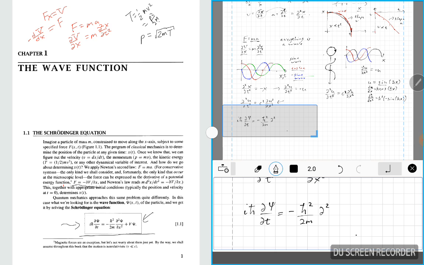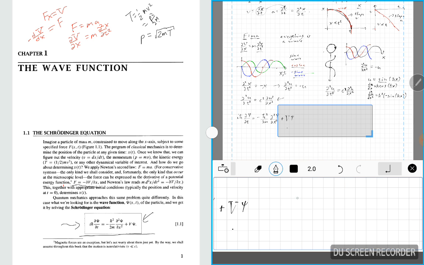The wave function has to be a wave that satisfies the earlier equation, and that wave function is going to tell us everything we need to know about the particle. Here, that wave function is going to be called psi.